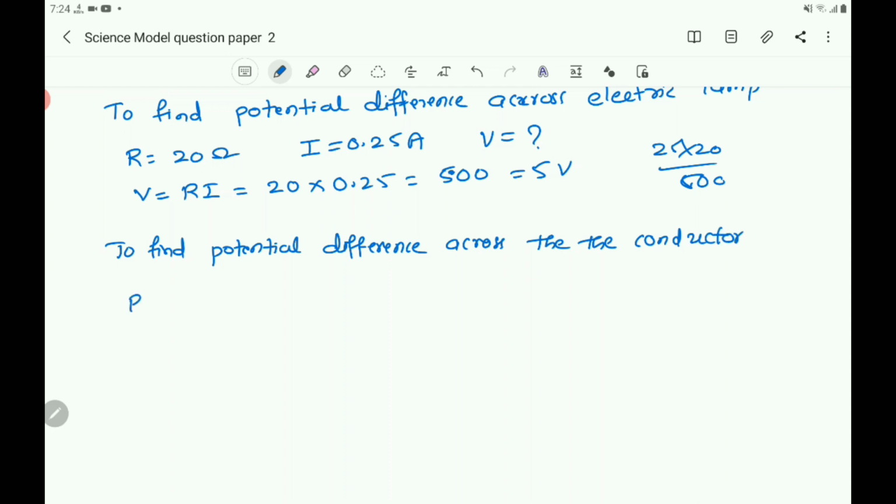Again you take R equals 4 ohm, it is given. Then I is current, that is the same 0.25 A. Then V equals question mark.